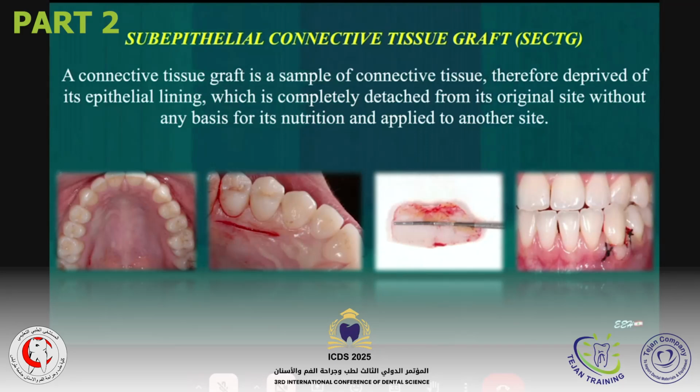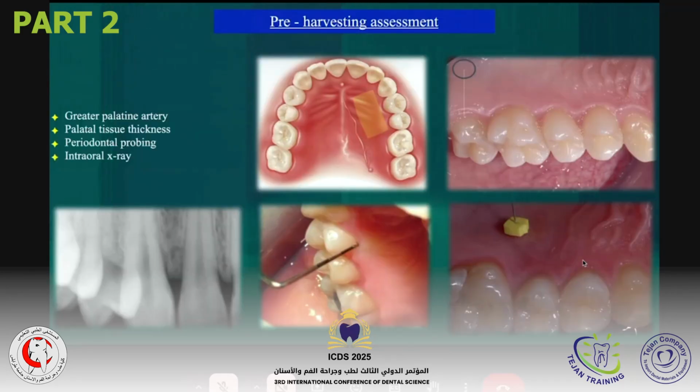So we harvest this graft from the palate, and we place it in another side of the mouth. And how to do it, and what is important from the point of view of anatomy to make some evaluation before the harvesting of the tissue.